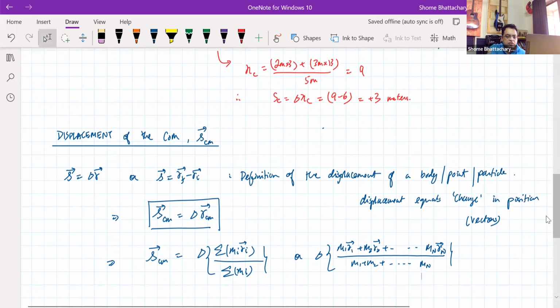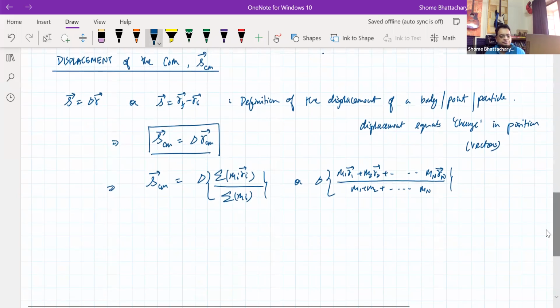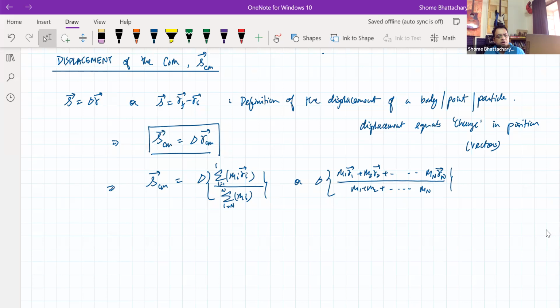we'll see that the individual masses are not changing. It's only the positions which might be changing, because the system might be in motion with more than one particle in motion.